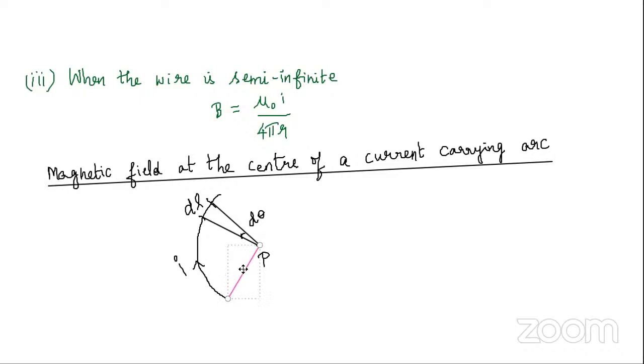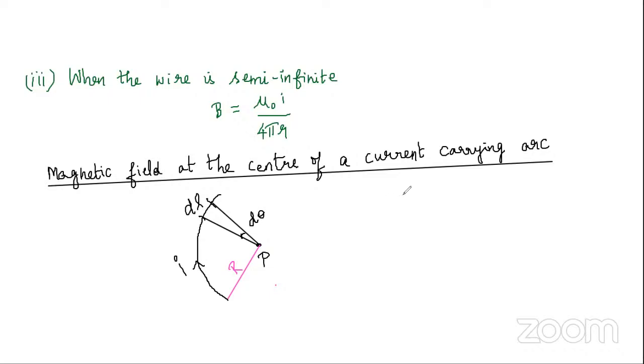If the length of the arc is capital L, then what will be the magnetic field?